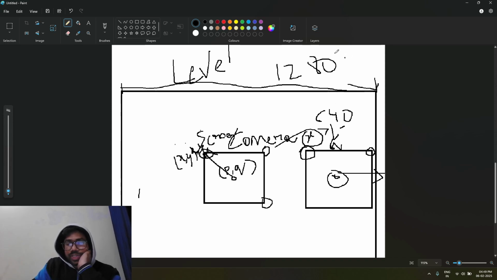Okay, so what is the position? What is 1280 minus 640? It is 640 itself, right? 640.